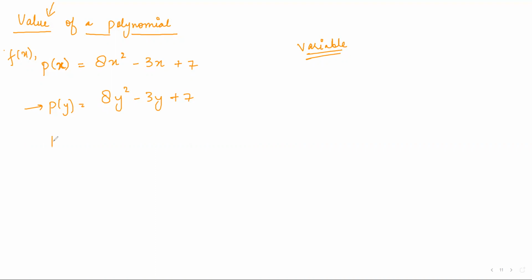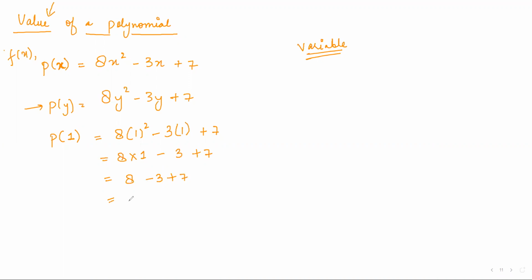Let me take y is equal to 1. So I write p(1), right? At y is equal to 1, I'm finding out. So you put 8 times 1 square minus 3 times 1 plus 7. So what do I get? 8 into 1 square is 1, minus 3 plus 7. So that means 8 minus 3 plus 7.